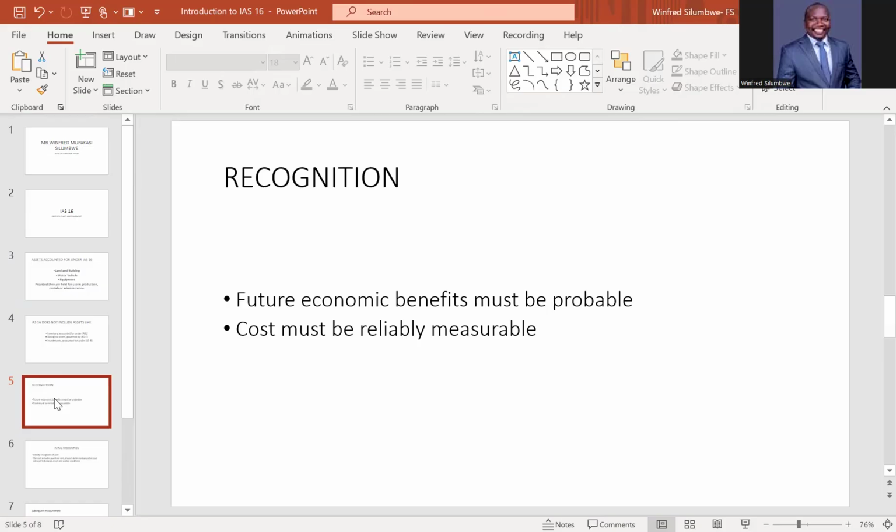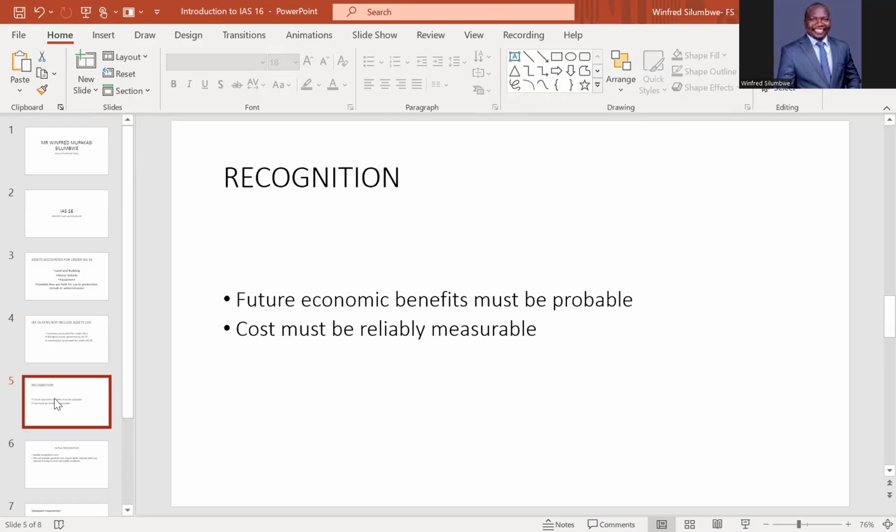You're almost 100% sure, meaning you don't just pick any asset and put it on a balance sheet. You must first ask yourself, is the organization going to benefit from this asset? Is there some benefit that is going to the company from this asset? If the answer is yes, then pick it. We're saying probable, no doubt.